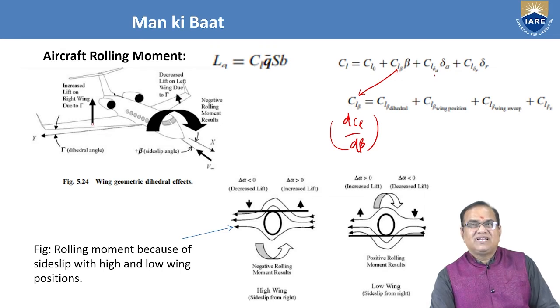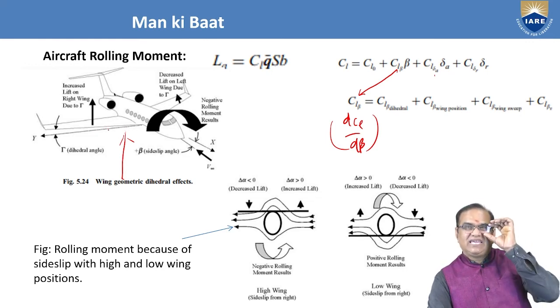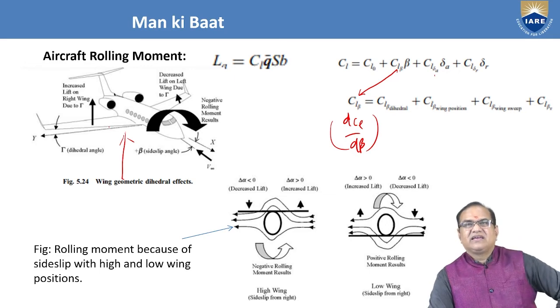So the wing facing this beta flow will experience a higher angle of attack compared to the other wing.